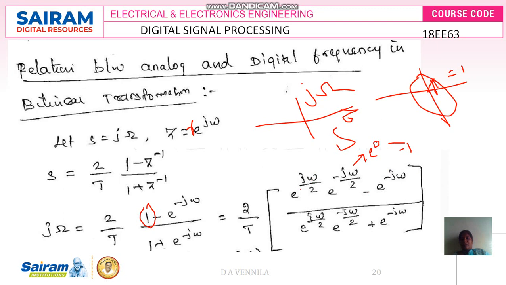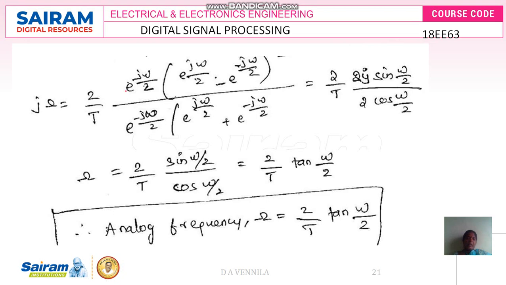Here I take e power j omega divided by 2 as a common term. Similarly, e power minus j omega divided by 2 can be taken as a common term, and the 2 gets cancelled, so you get the same thing.